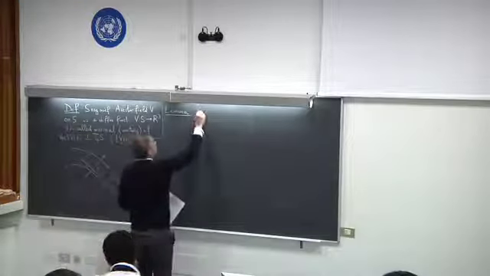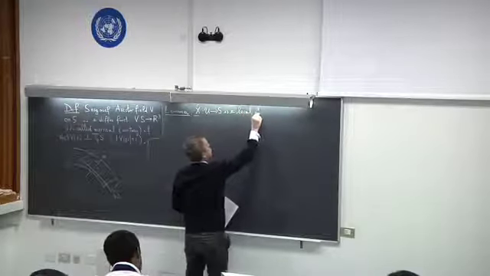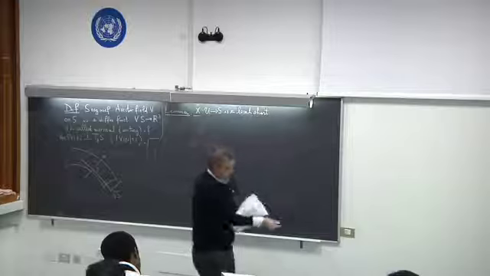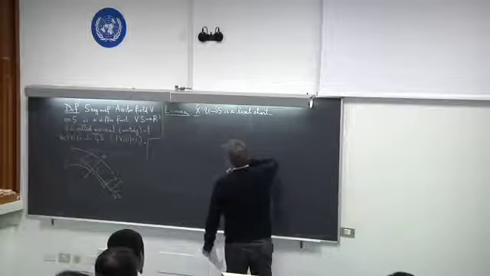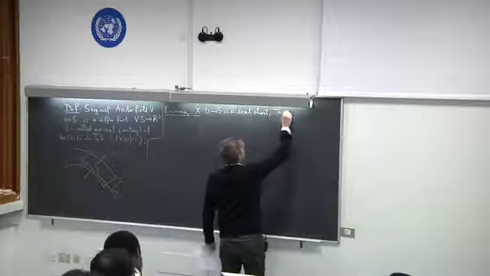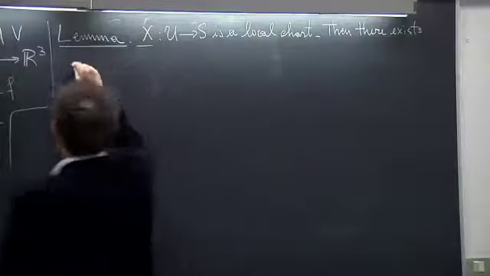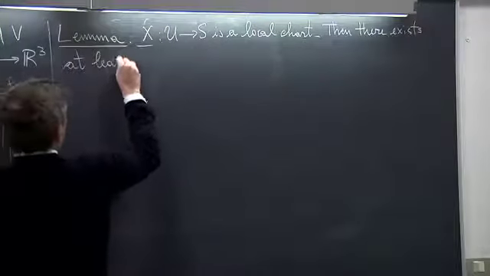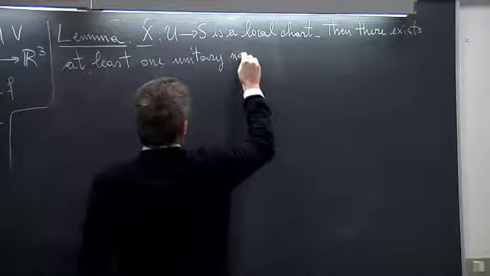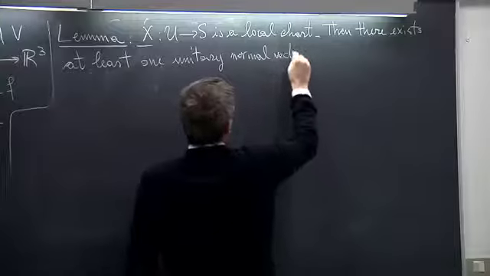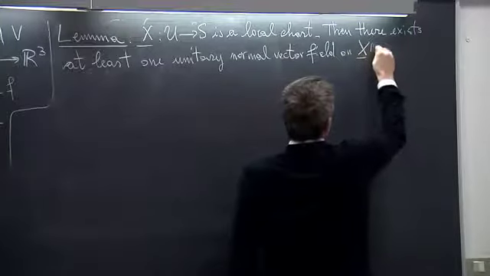So if X from U to S is a local chart, then there exists at least one unitary normal vector field on the part of the surface which is covered by this chart.